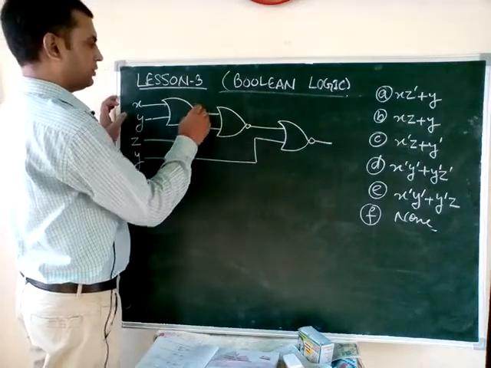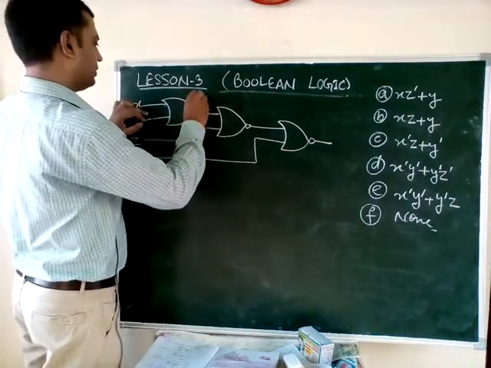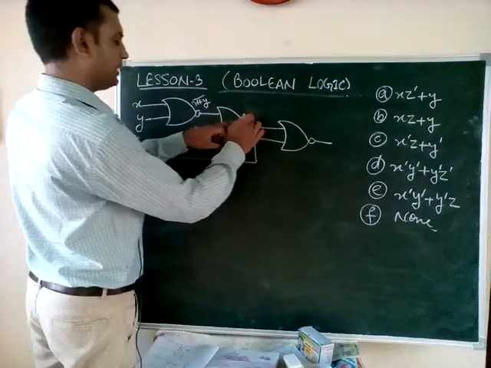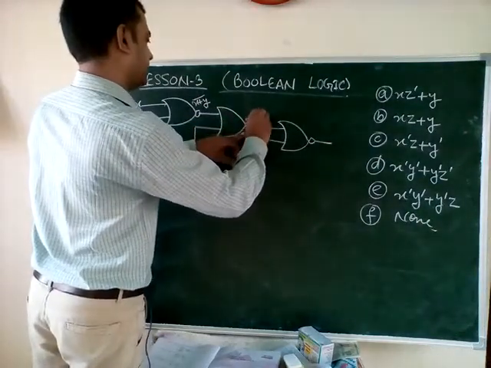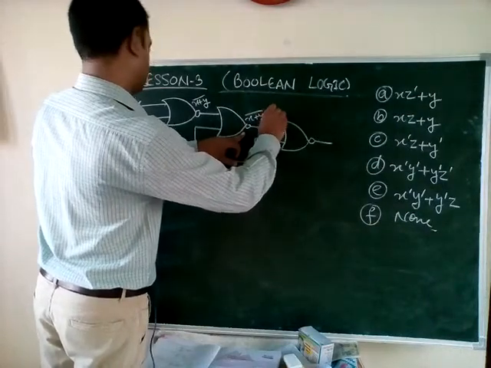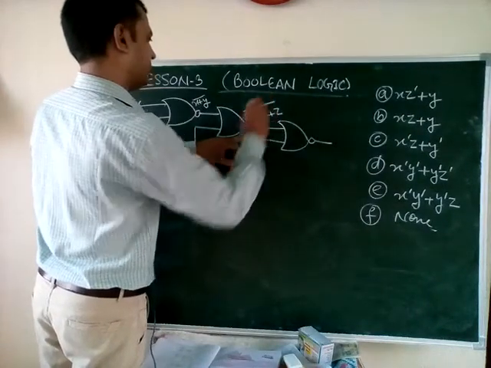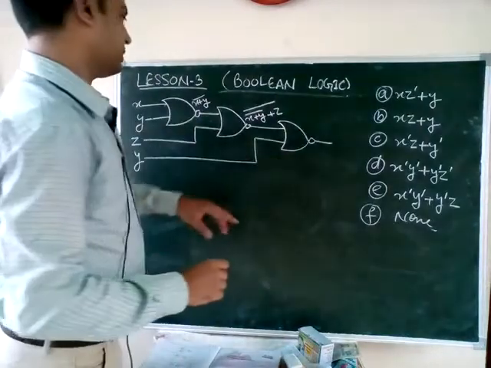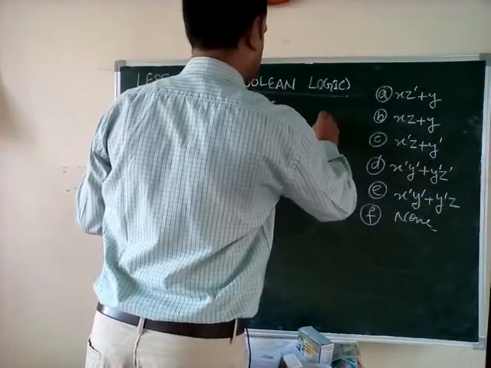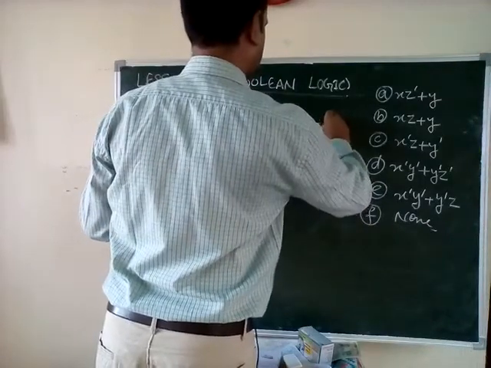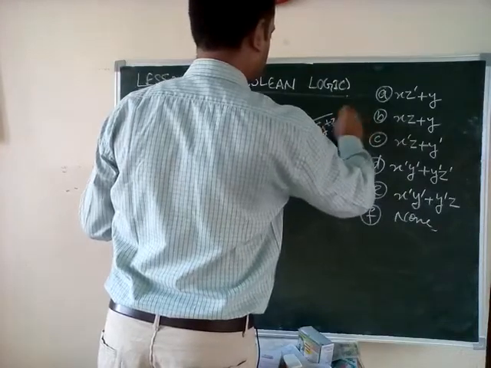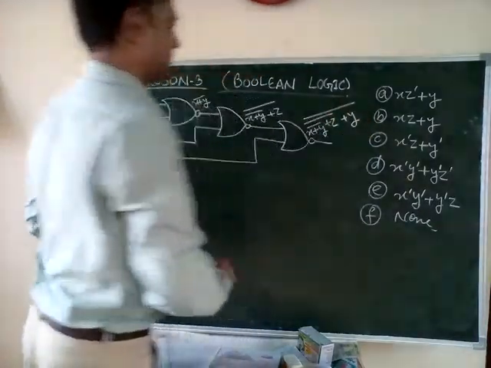So what will it give you here? It will give you x plus y bar. Then here, x plus y bar plus z whole bar. And here, x plus y bar plus z bar plus y whole bar.